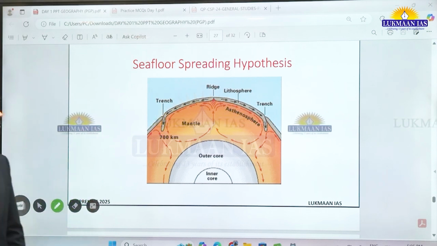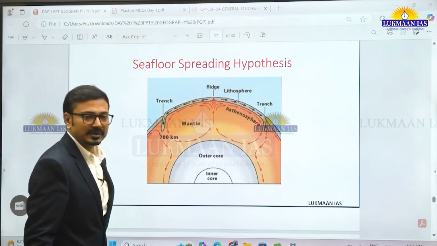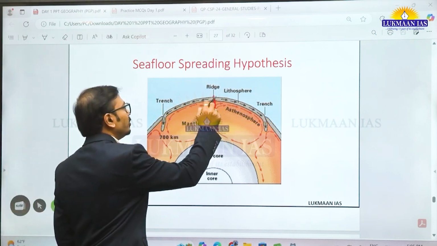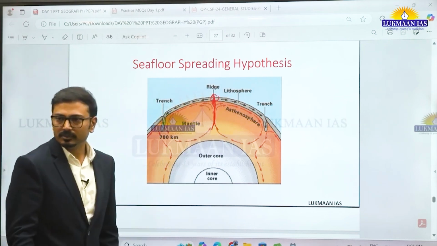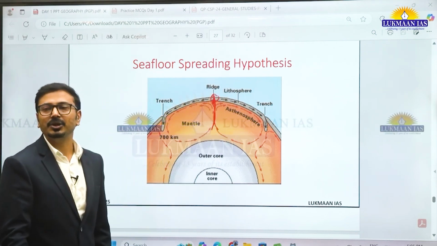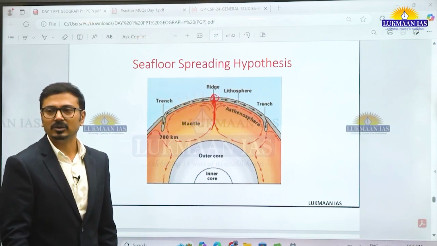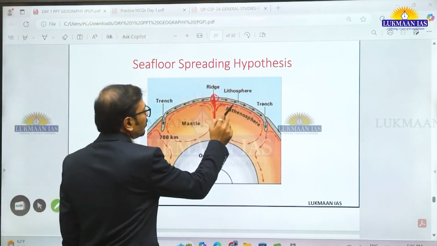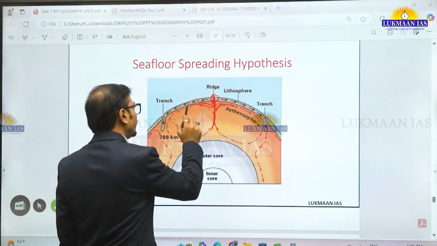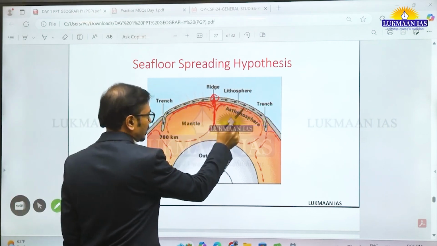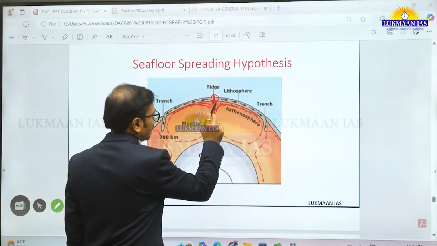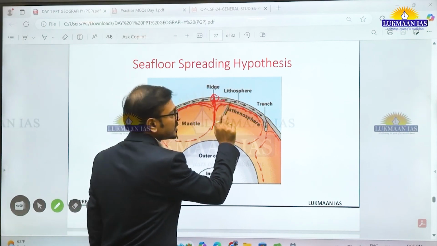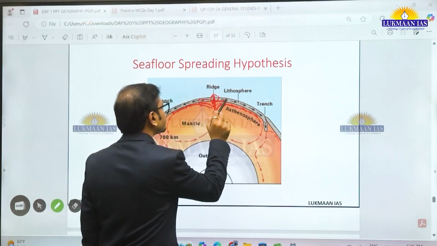He gave this theory. According to it, along the mid-oceanic ridge region, magma is continuously coming up through a weak zone, and there is formation of new oceanic crust. The magmatic currents flowing beneath that oceanic crust drag this new crust in two directions.